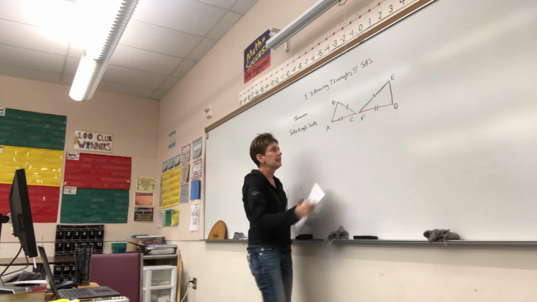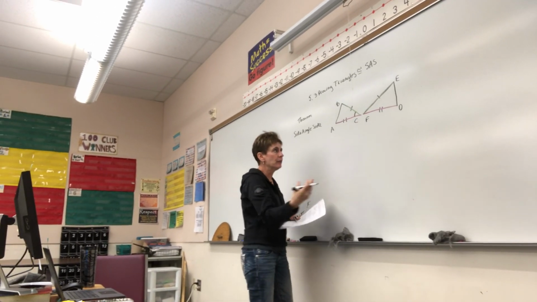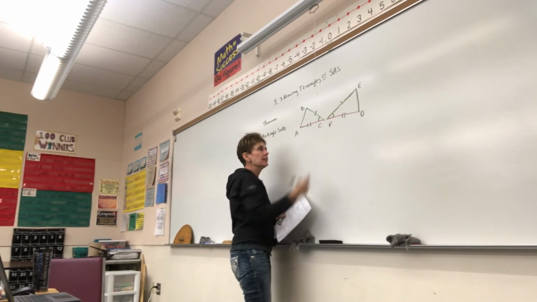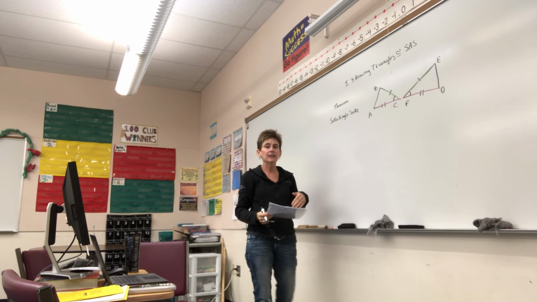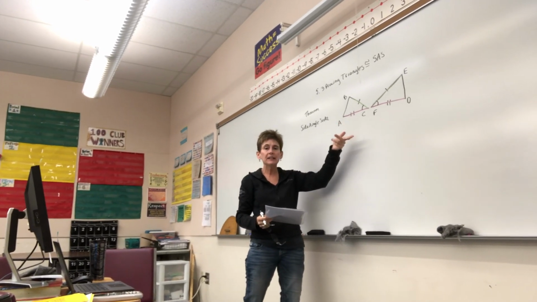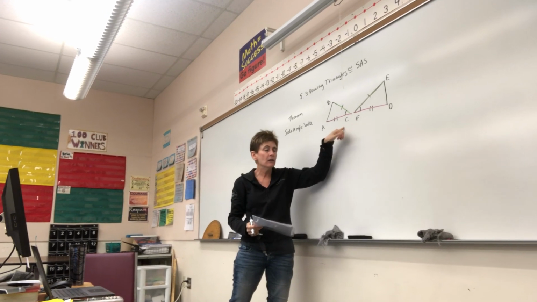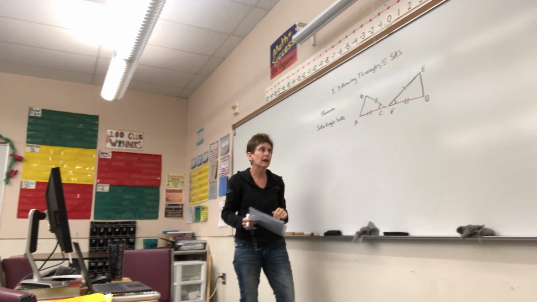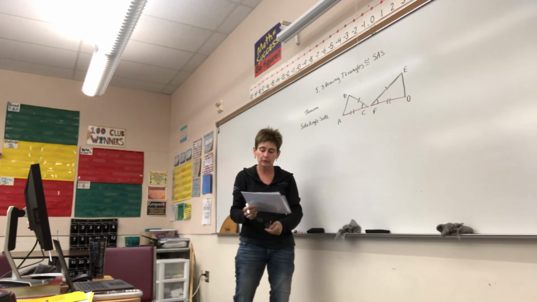So that would be the included angle, the one formed by the sides. And then on the other triangle, angle F is formed by those two sides. So if we are given two corresponding sides that are congruent, and then the included angle as well is congruent, then we are allowed to conclude that the triangles themselves are also congruent.